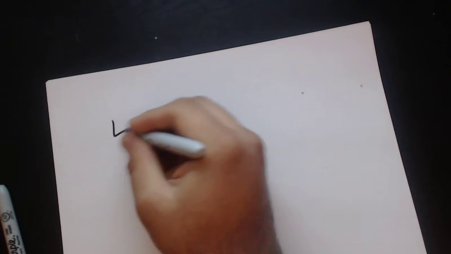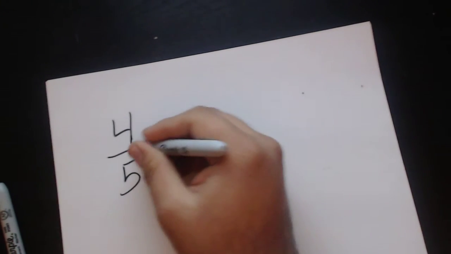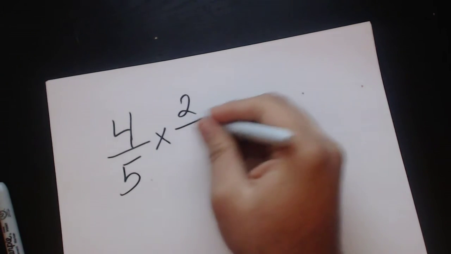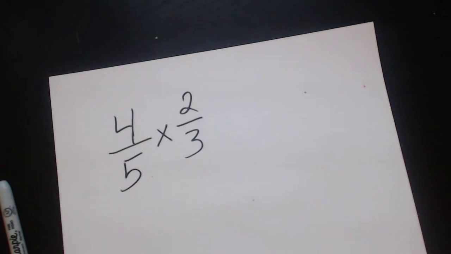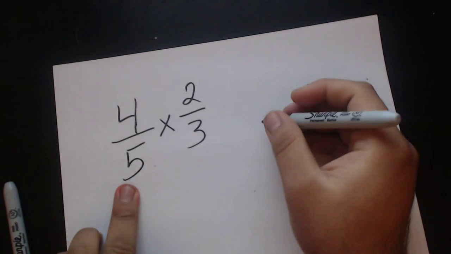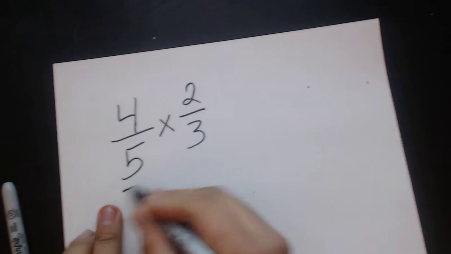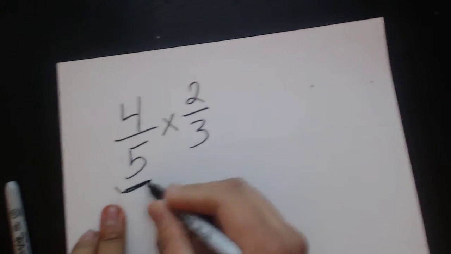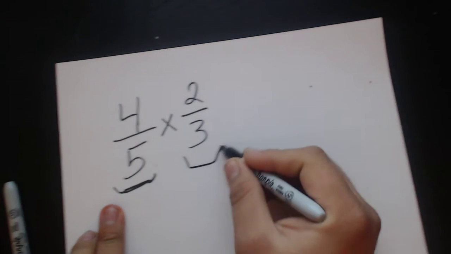Something that you may see is something like 4/5 times 2/3. Now, to show that the property is true, I'm going to model the 2/3 first in this one instead of the 4/5, because earlier we would model the other fraction first, but we are going to model this one first instead.